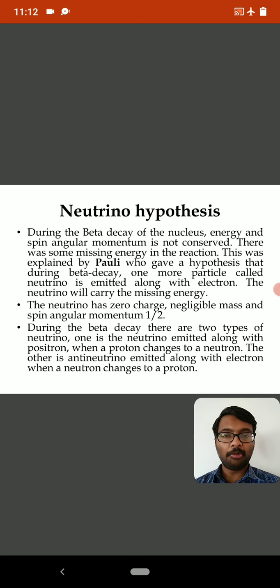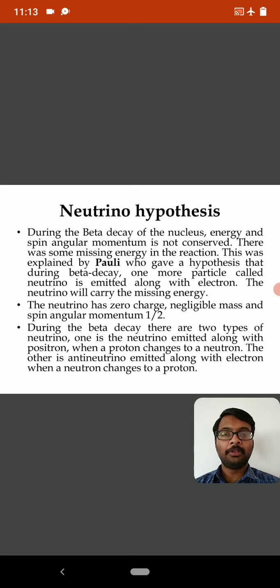One is the neutrino, emitted along with the positron when a proton changes to a neutron, which is beta plus decay. The other is the antineutrino, emitted along with the electron when a neutron changes to a proton.